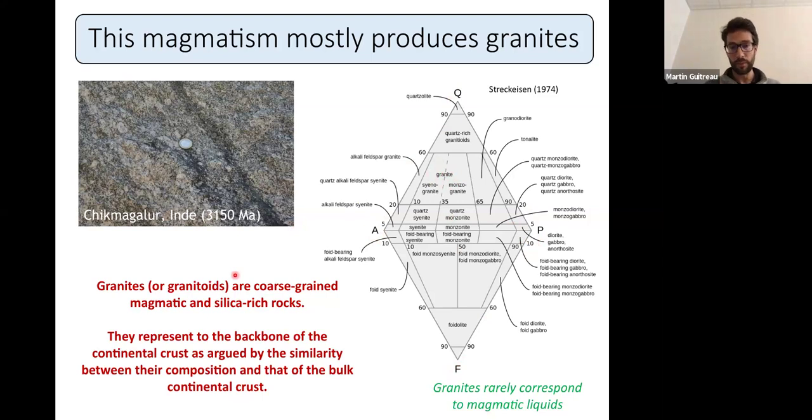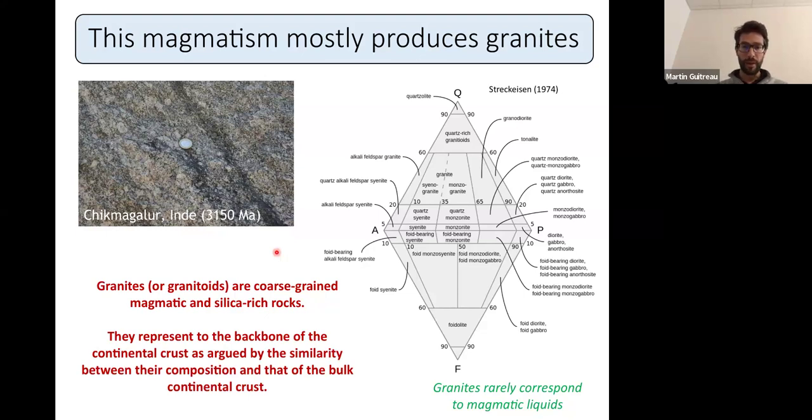You will see that as well in the literature. So for these granitoids, I wanted to give a definition so that we're all on the same page. To me, these are quartz-bearing, magmatic, and silica-rich rocks. Of course, we can give other definitions, but that's, I think, the simplest and one of the most accurate for the discussion we can have today.